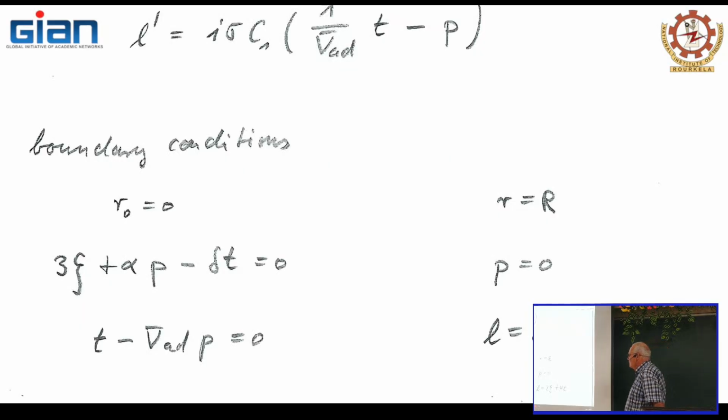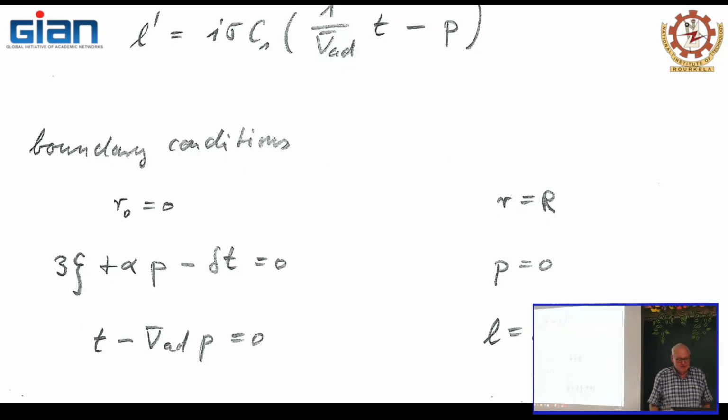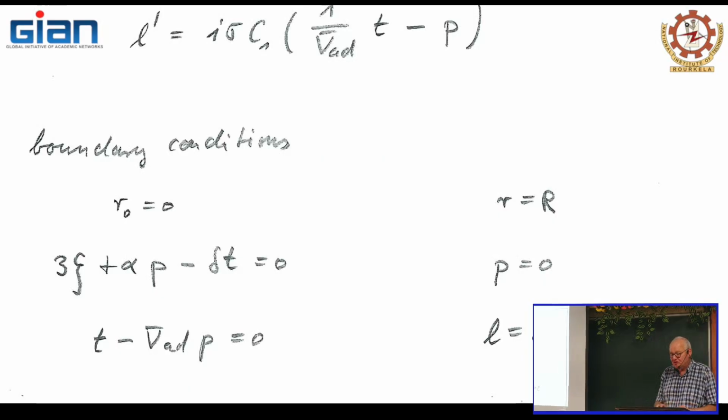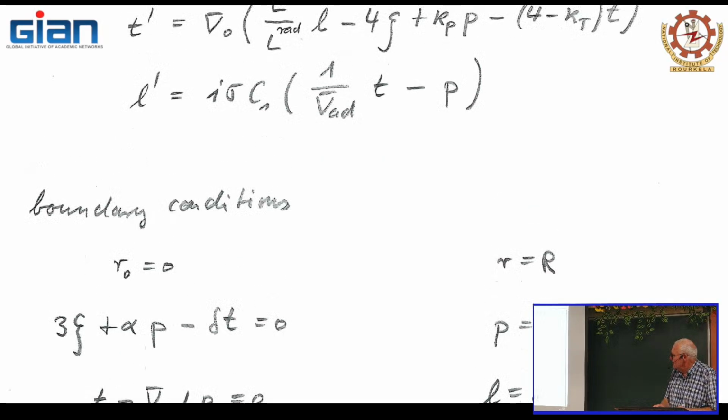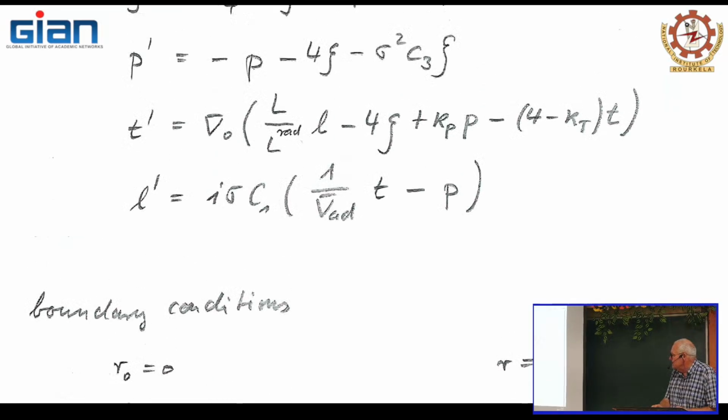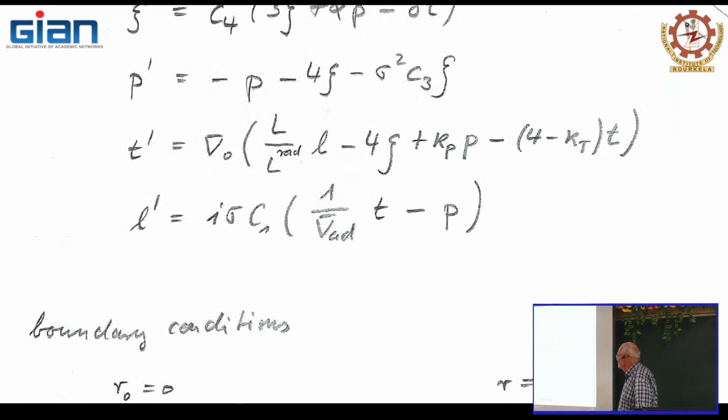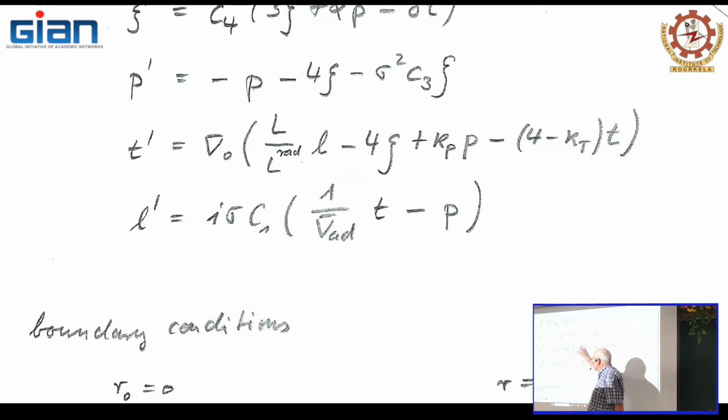Well, we have one addition: we have in our system one parameter which is still not fixed. This is the eigenfrequency, and the question arises whether we could adjust this eigenfrequency in a way to guarantee a solution.